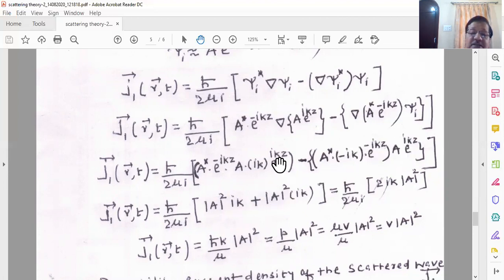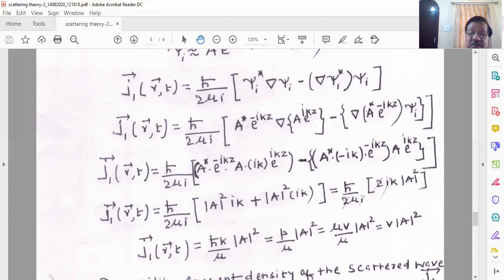So ultimately this term gives you A square ik, and the other term also gives you A square ik. So this gives you 2ik A square, and there is a factor ħ upon 2μi. So you can see the 2 and the i cancel, and ultimately you get the incident current density.